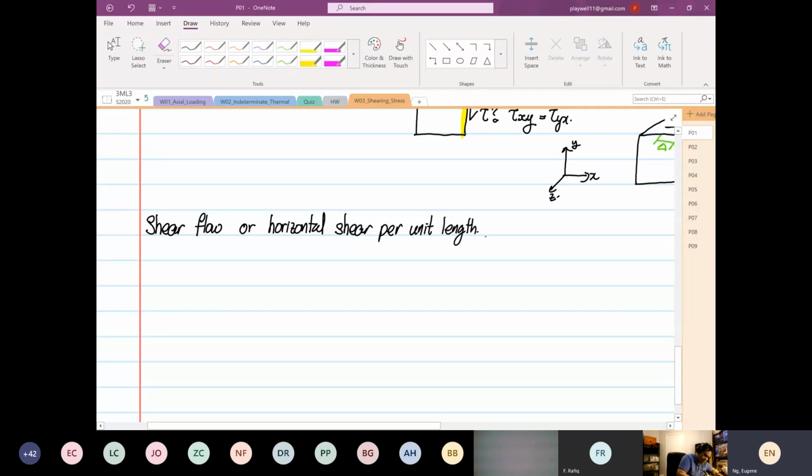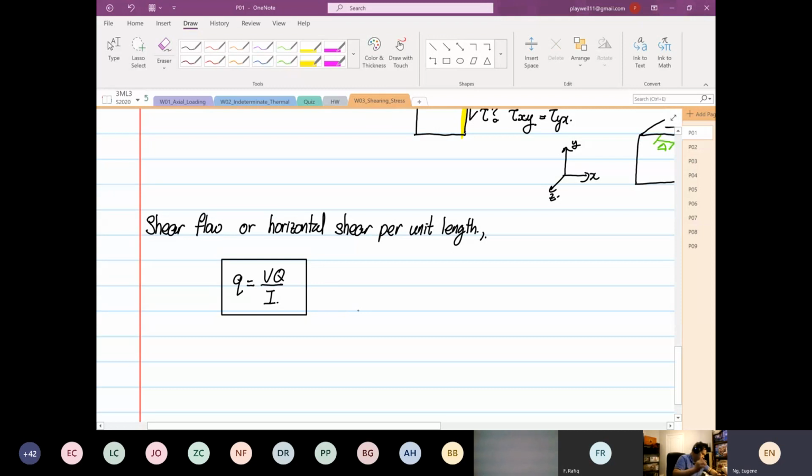So the formula is Q equal to VQ over I. So this is the shear flow. So this is the formula that I want you to know.